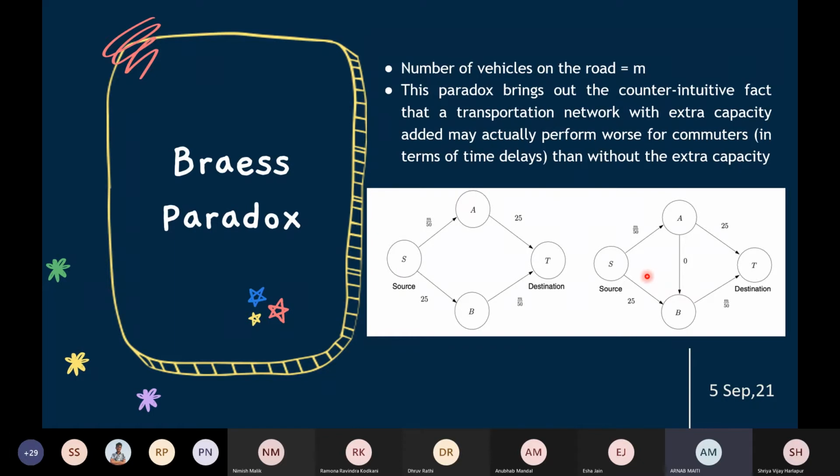So SA will take 2000 by 50, which is 40 minutes, and B to T will take another 40 minutes. So it will become 80 minutes. In this way, adding an extra path will actually increase the time. People will start acting greedily and try to take a better path, and in turn they'll make it a very bad path. So in future talks, as she said, we'll have a better look at this particular problem.